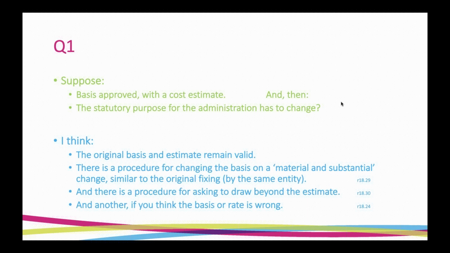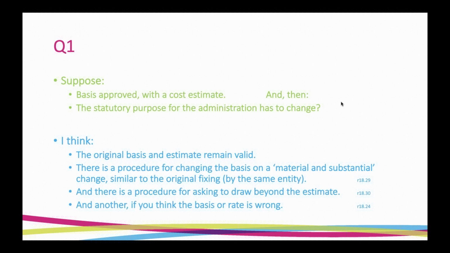Second option is in cases where perhaps you're happy to remain on the basis you've got. You perhaps had time costs agreed before, and you're happy with time costs continuing, but it's going to be much more work than you originally thought. There is another procedure that will allow you to draw beyond the original estimate that you gave.